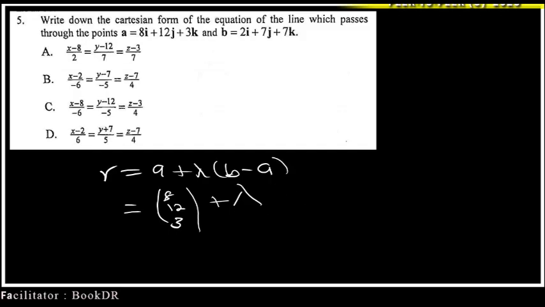So let's compute b minus a. We are going to have 2 minus 8, which is negative 6. Then 7 minus 12, which is negative 5. And then 7 minus 3, which is positive 4.